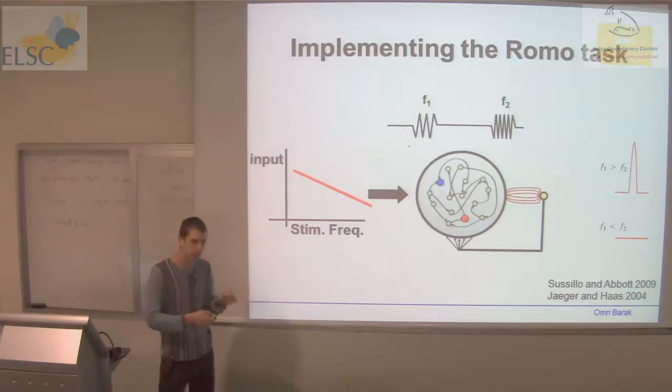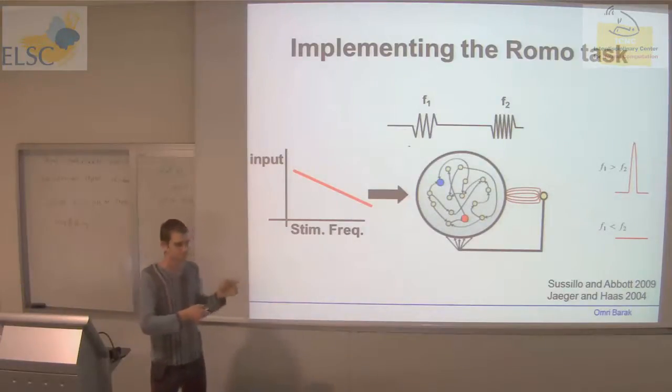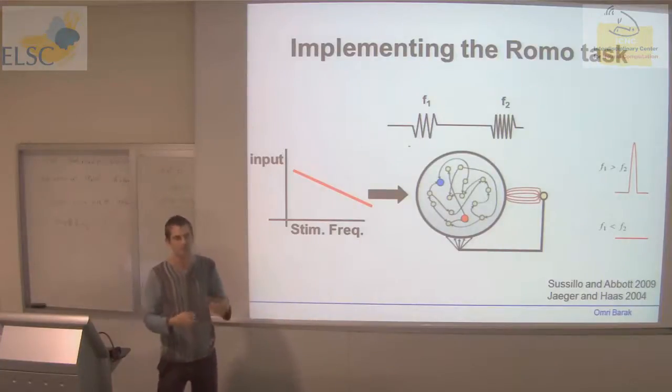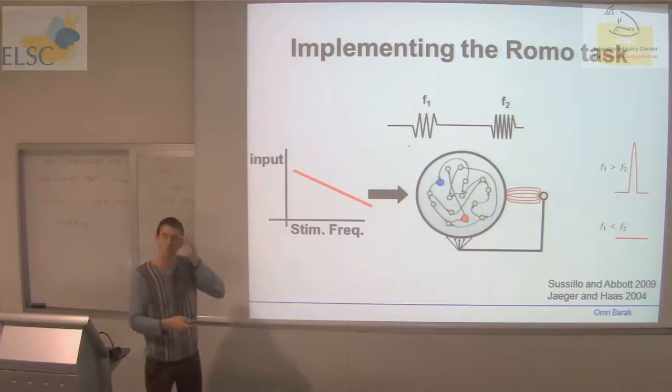This works, but is not stable. So what the FORCE algorithm does that is stable is not cut the loop, but simply learn very fast, and then there is a very small error, so you explore the vicinity of the desired output, and then the stability is greatly increased. What's changing during that learning process? These weights, the red weights here, the readout weights, are the only thing that changes.